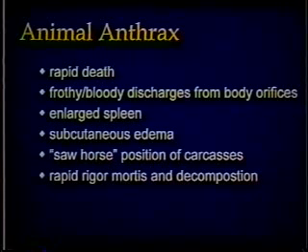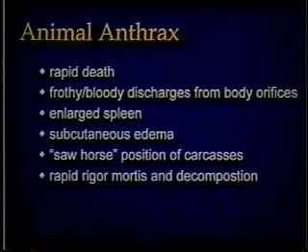Anthrax, the genus Bacillus, very much in the news as we speak, Bacillus anthracis being the cause. There is really only one organism within the genus that is of major importance, and that is Bacillus anthracis.